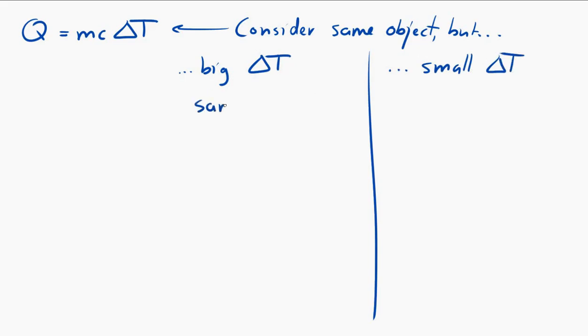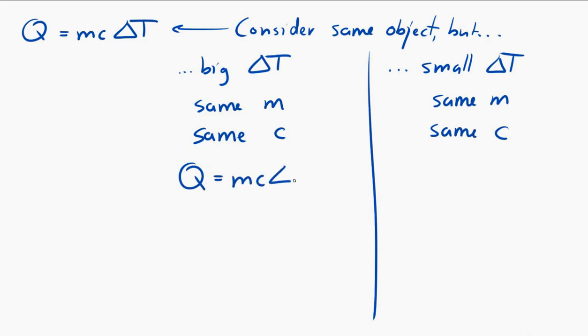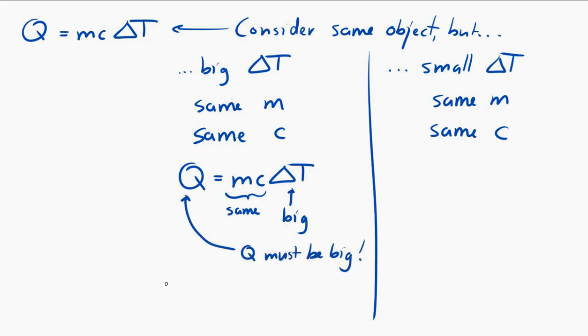Same object, so it has the same mass, same specific heat capacity. In the object where you have a larger change in temperature, think about what that means about Q. Well, if delta T is big, then that means Q has to be bigger. So you probably could figure this out, but if you have a larger temperature change, that's going to require more heat, more thermal energy to be added to the object.